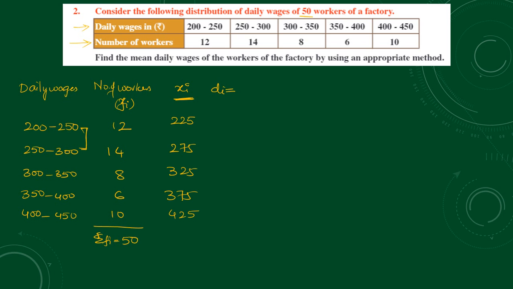Next, I need to find Di. The Di formula is Xi minus A. In this method we are going to make use of the assumed mean method, right?